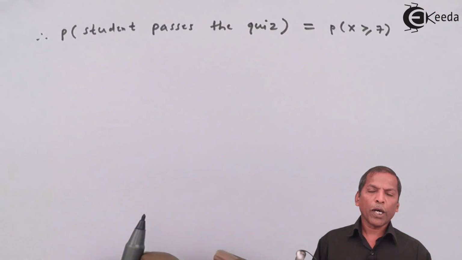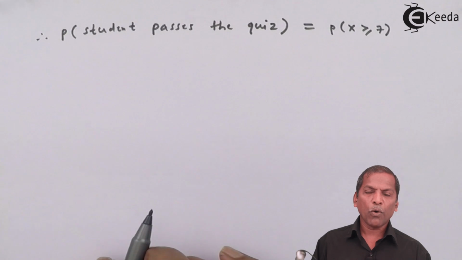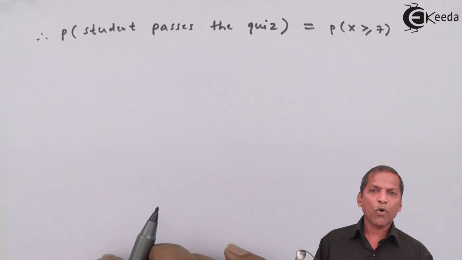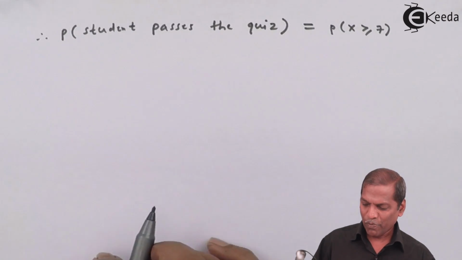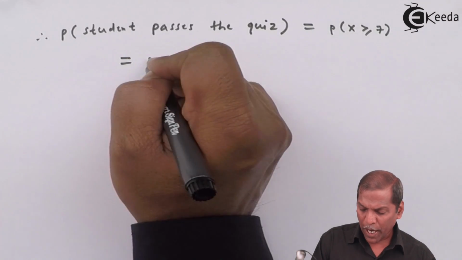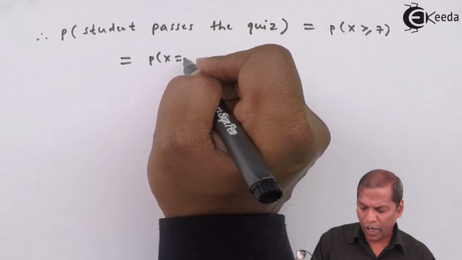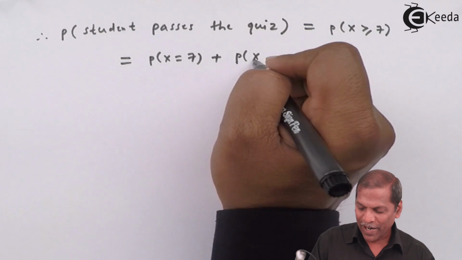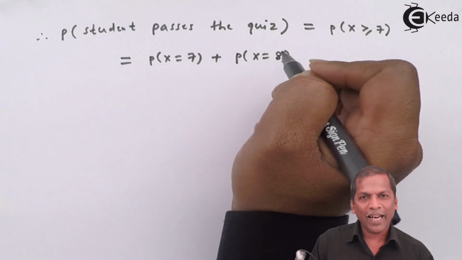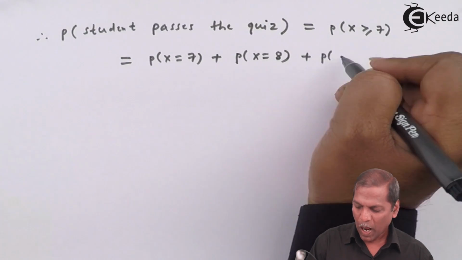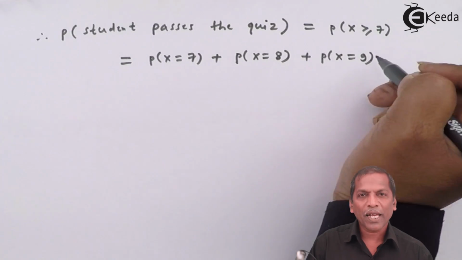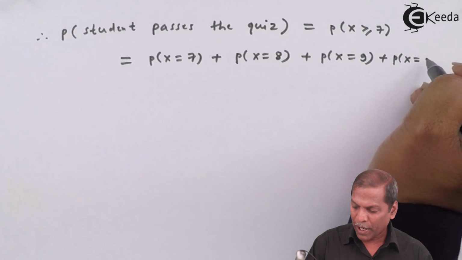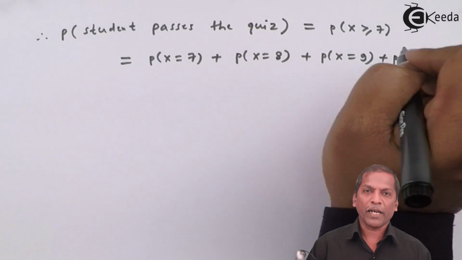It means the student passes the quiz only when he gets 7 or more correct answers. So that is equal to probability x equal to 7 plus probability x equal to 8 plus probability x equal to 9 plus probability x equal to 10.